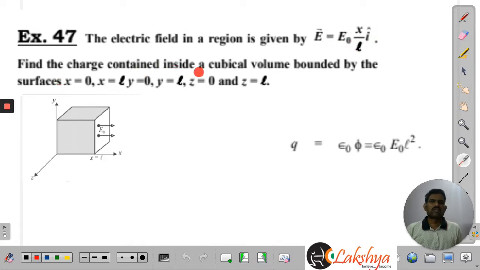Find the charge contained inside the cube bounded by the surfaces x equal to 0, x equal to L, y equal to 0, y equal to L, and z equal to L. The z axis will be positive on that side, or you can take the cube like in the previous problem. You will get the answer epsilon naught E naught L square. So try this problem and check with this final answer.